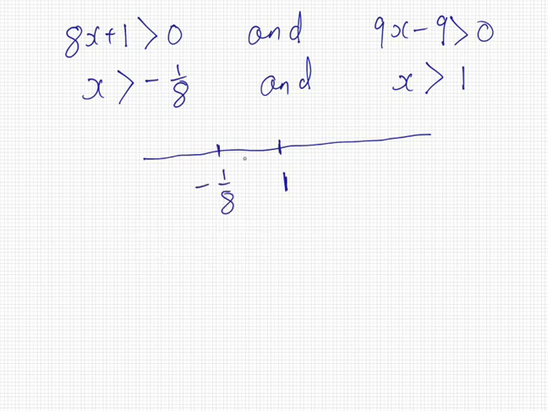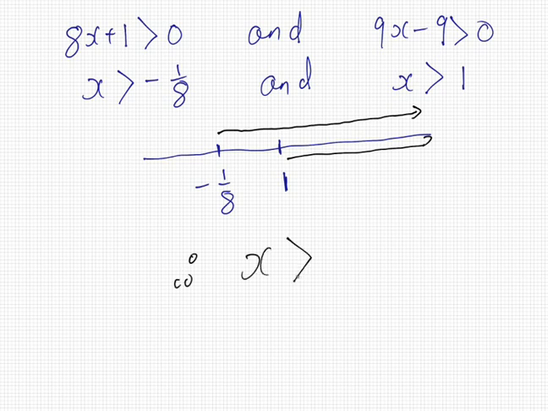You want x to be bigger than this number and to be bigger than this number. So therefore, x must be bigger than 1. That's the only way x will satisfy both of these. Okay. I think we talked a little bit about this when we did our inequalities with and.